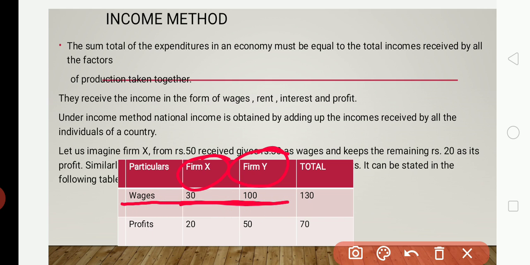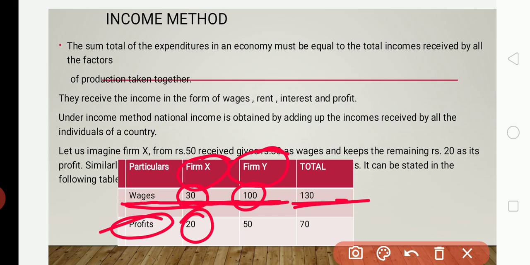Every household, every individual, how much wages they are getting from firm X, from firm Y, from firm Z, A, B, C, many firms, all that wages are added up. Here in the example we have taken only two firms, firm X and Y. So 30 plus 100 is 130. And the profits: profit received by firm X is 20 and firm Y is 50. So 20 plus 50, 70.